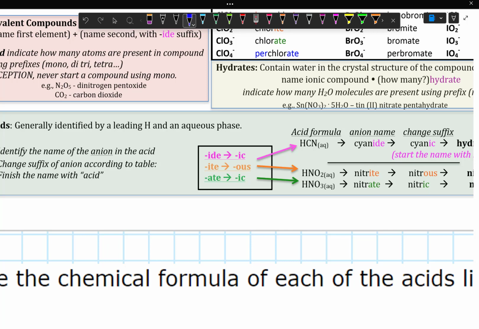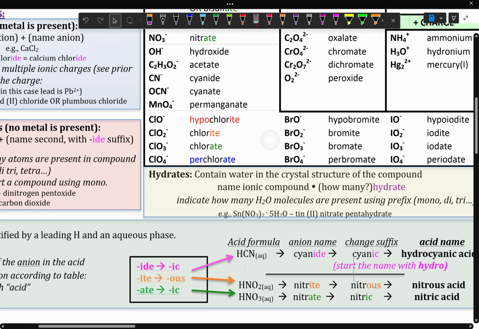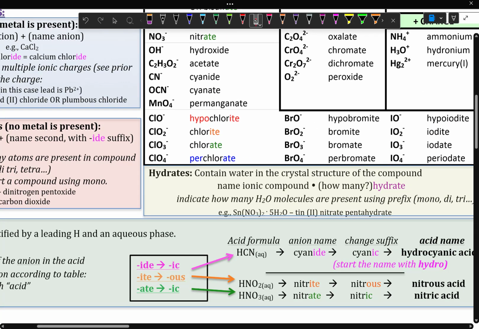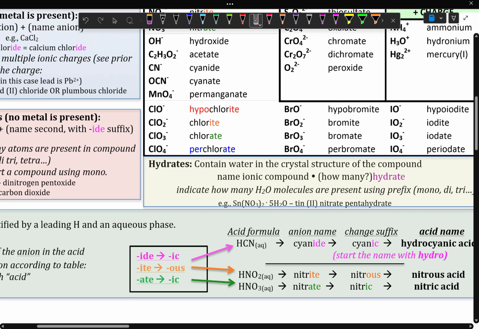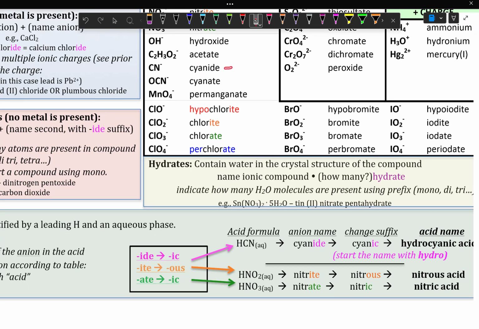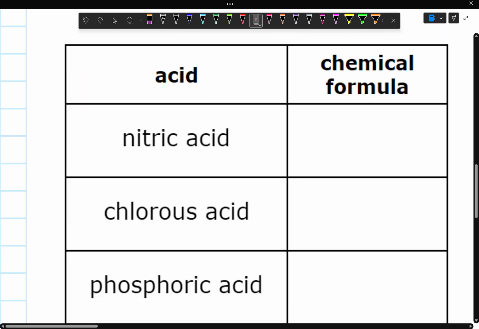Notably, if we have something that ends in ide, such as cyanide over here, that is going to end up being an ic suffix. If we have something ending in ite, like chlorite, that is going to be an ous suffix, so that would be chlorous, if I could spell properly, oops.